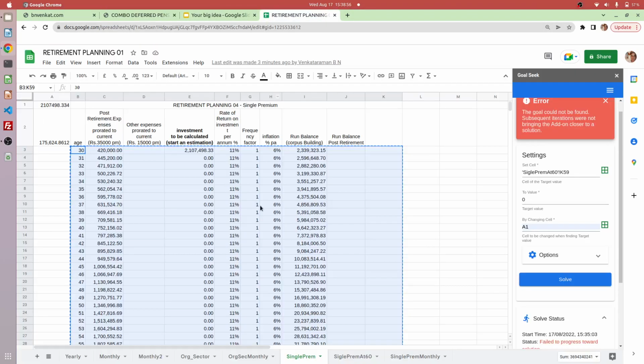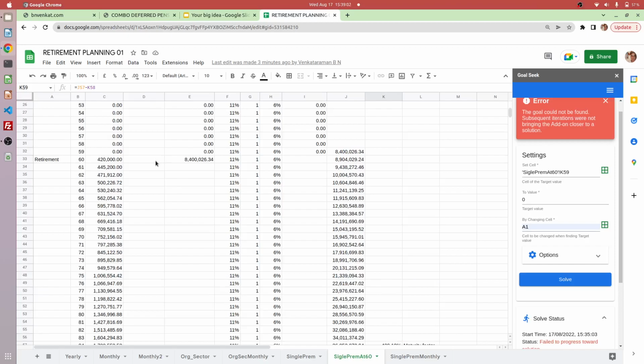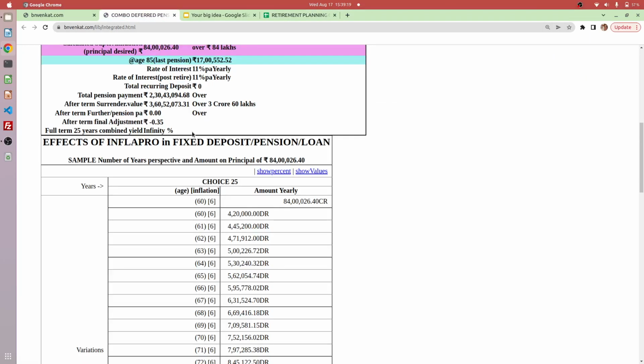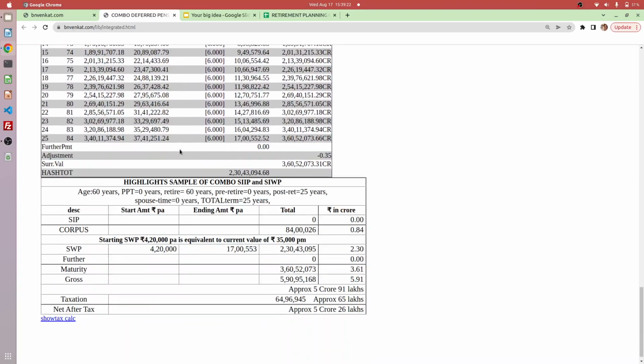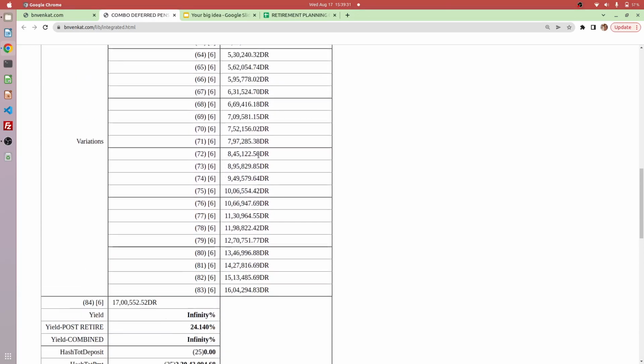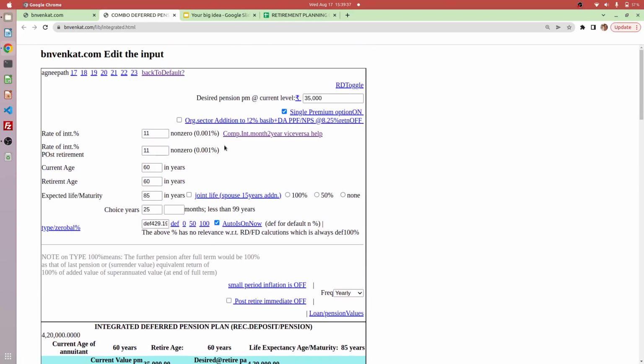In the retirement calculation of single premium at the age of 60, we got 84 lakhs 26 rupees 34 paisa. There is a minor difference in paisa. Accordingly, the final round off figure is 11 paisa here. In our Google sheet, the final round off is 35 paisa. Both give the same answers, and my software is quite accurate.